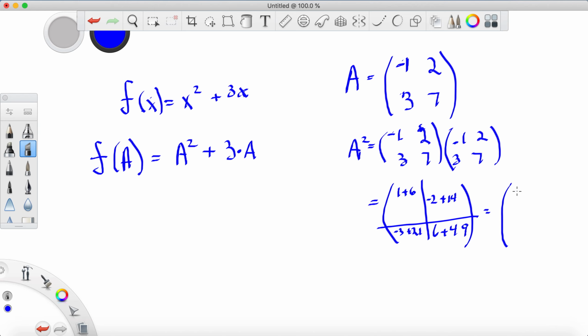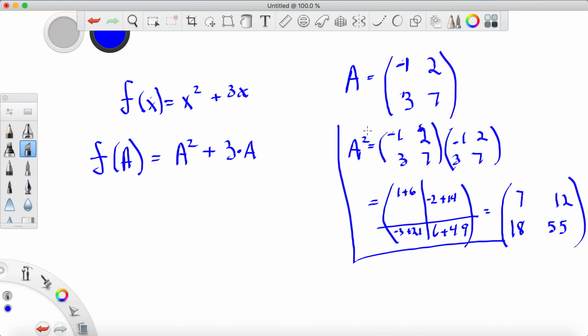So simplifying, we get 7, 12, 18, and 55. That is what A squared is. Okay, well, what about 3 times A? Well, 3 times A, that just goes back to the matrix basics video, and that is a scalar multiplication.